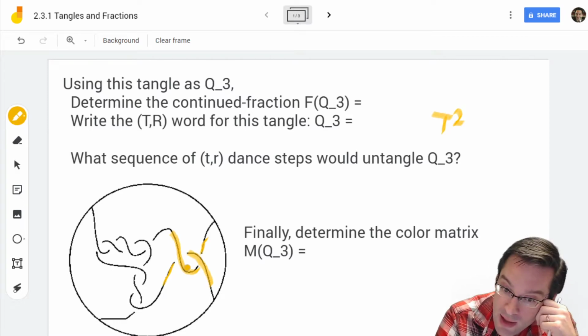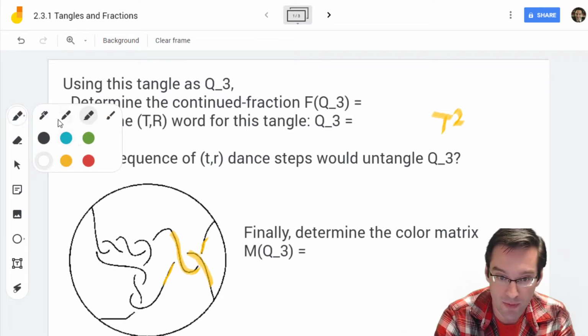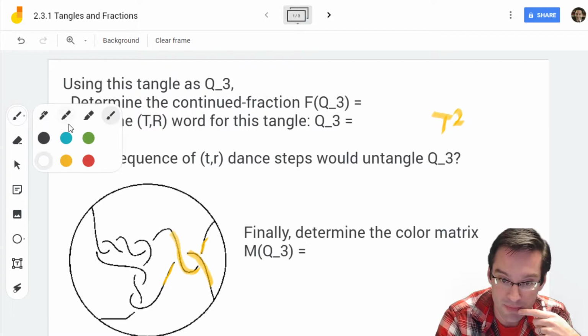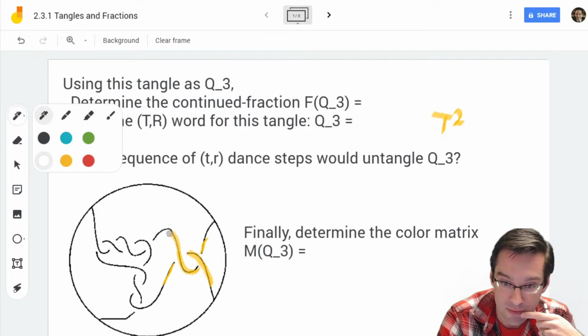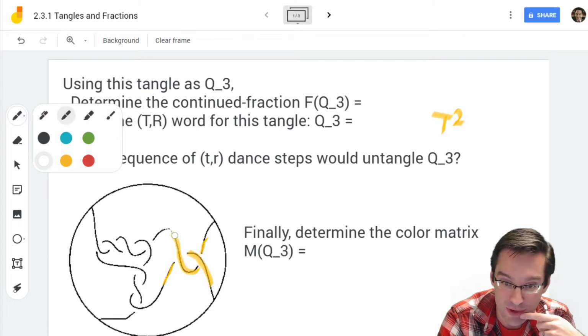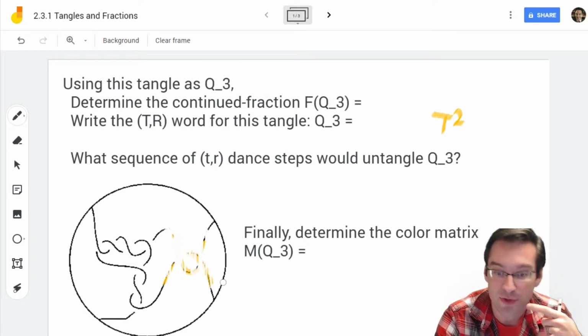Okay? And then you might imagine erasing those twists. Let's see if I can do that right here on the Jamboard. I need a better tool here. All right, well, let's imagine that I can erase those twists.